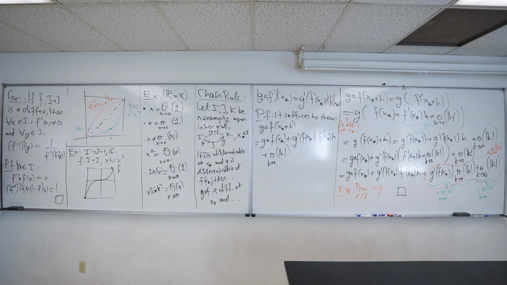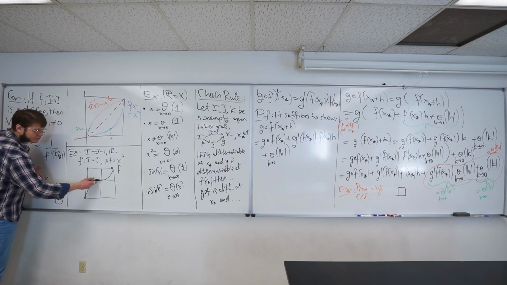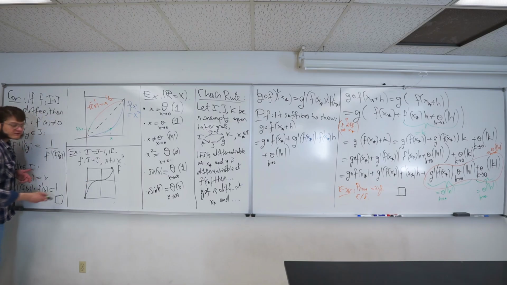Why is that? Because at x equals 0, the derivative is 0. We just showed that for diffeomorphisms, the derivative cannot vanish. That's a very subtle point. Trying to connect this back to Calc 1, you may want to start thinking about the first derivative test. If you have a function, you differentiate it and set that equal to 0.